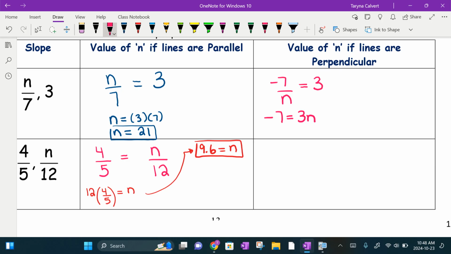It's just I'm not showing that work. So the n's on the left-hand side divide out, so I'm still left with an n on the right-hand side. Now I can divide both sides by 3. So therefore, n is going to equal negative 7 over 3.